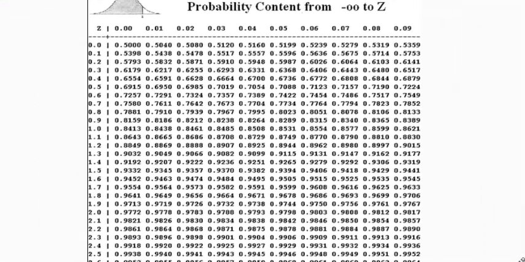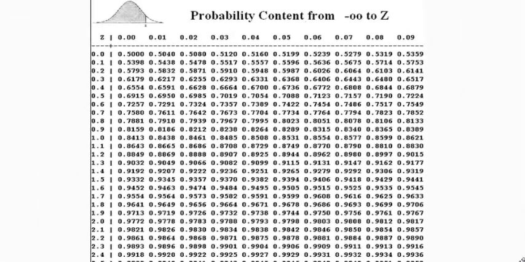So we want 1%. So let's look for the 99% level of certainty, and I'm looking down here for the 99, and it looks like the 99 is somewhere right around here, 99.0. It looks like this one is right around 99%, 99.01%.